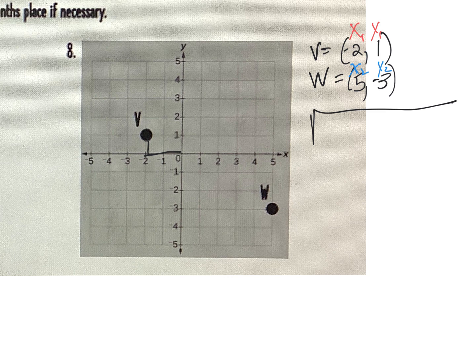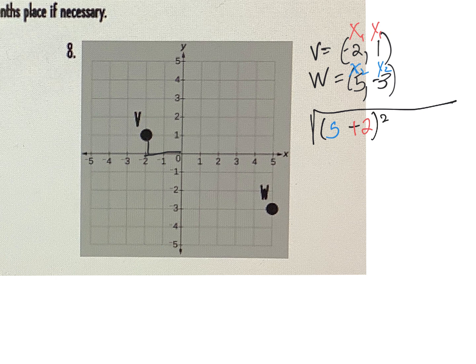So let's do the distance formula. My x2 is 5, minus my x1, which is a negative 2. A negative and a negative make a positive, so we have a positive 2 squared.